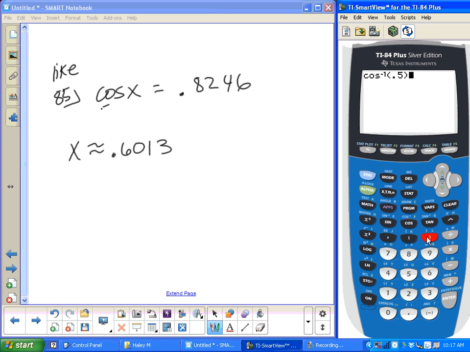So where is cosine a half? We said pi over 3. Now that is the decimal equivalent of pi over 3. Now, isn't cosine of pi over 3, 1/2, somewhere else too? You get the point? And the calculator's not going to give me 2 answers there, is it? It's only going to give me 1.